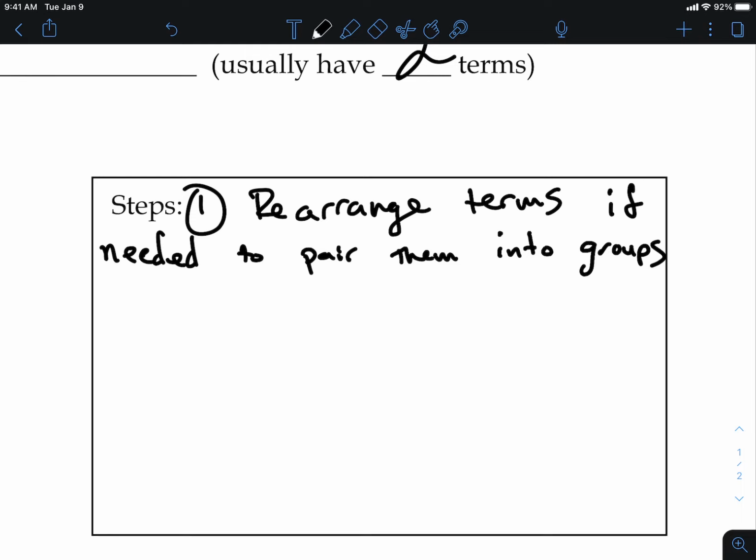Second step, we said was you're going to factor within your groups by finding the greatest common factor for each. I'm just going to copy this because I could say as many words as I want, and I might not articulate it in the condensed way that is here.